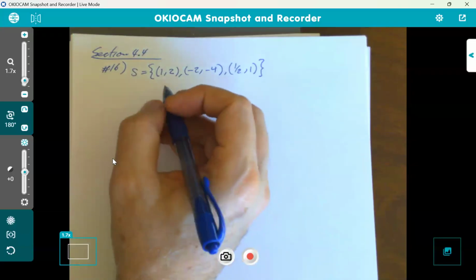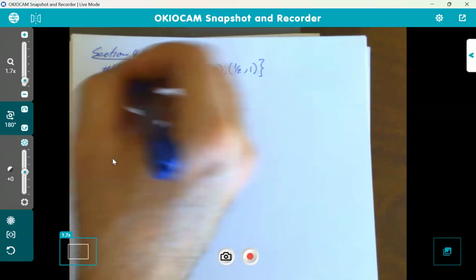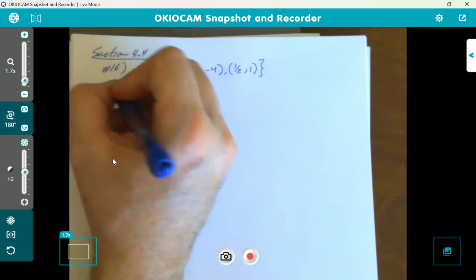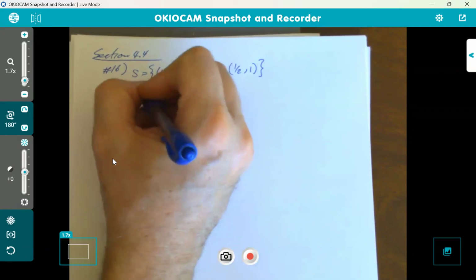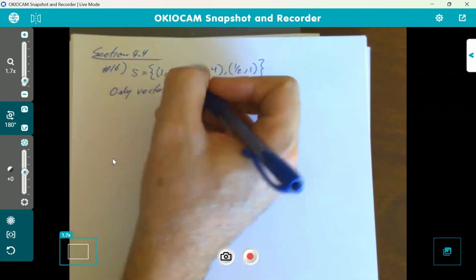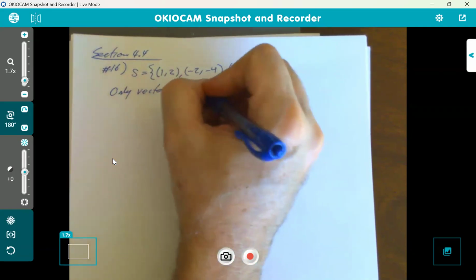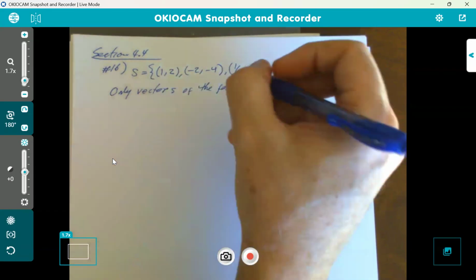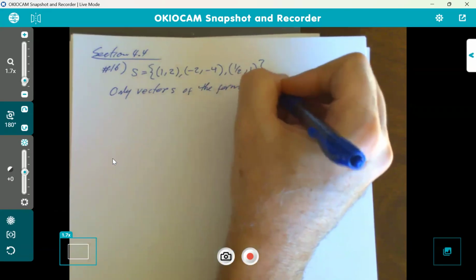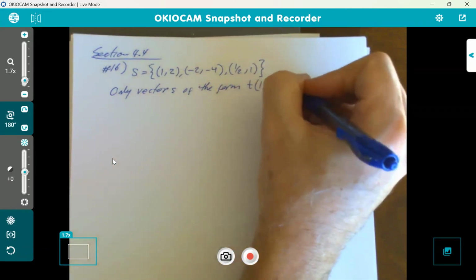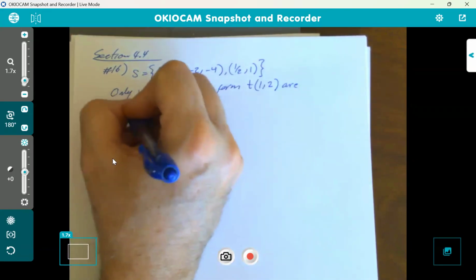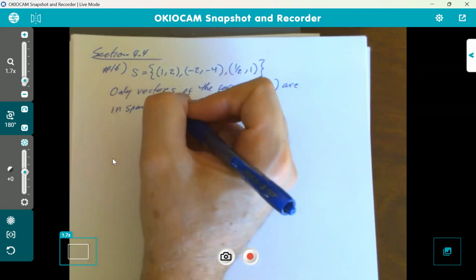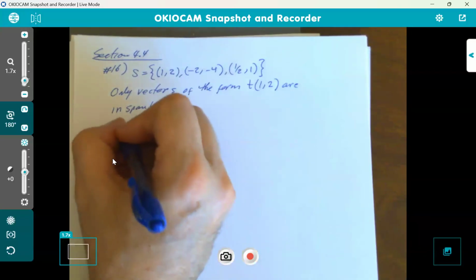So for this one, we're going to say only vectors of the form, let's say, a constant multiple of (1, 2) are in the span of S. Okay, so for example, what do I mean by that?